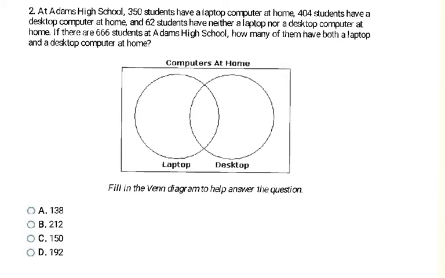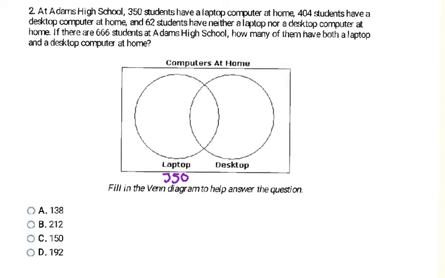So I'm going to go ahead and start by filling in the numbers. If I wasn't able to write on this picture, I would definitely copy it down in my notes. The first number they give us is 350 laptop computers at home. So I'm going to write 350 underneath laptop, because remember that includes only laptops and both laptop and desktop.